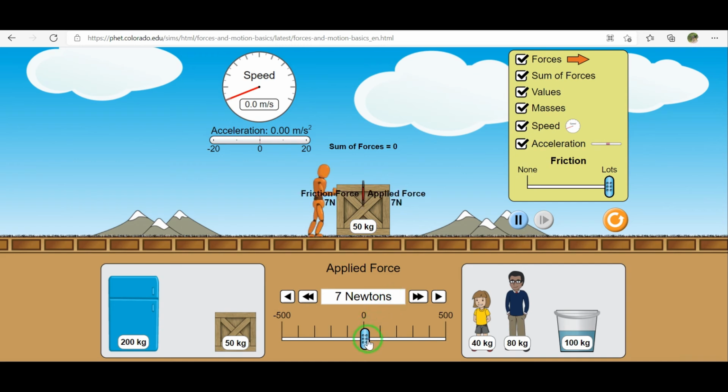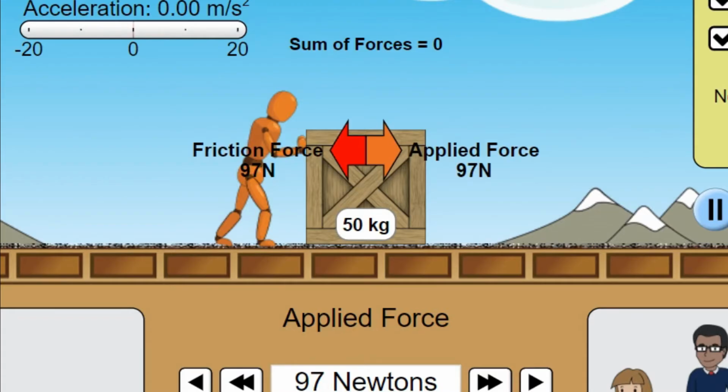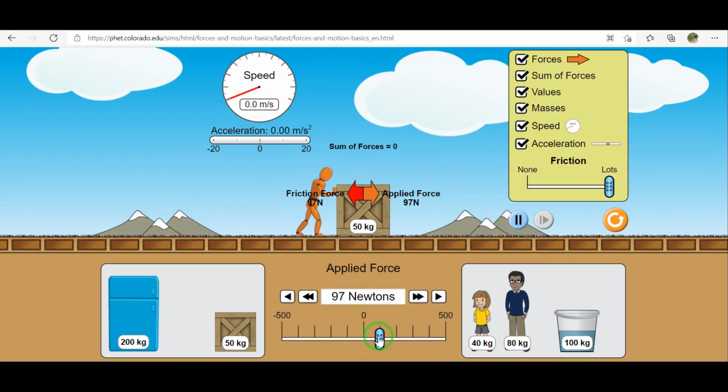Now I am going to increase, here you can increase the force, right? When you increase the force here, look at the friction force there. For 50 kg mass, when it is there on the floor, definitely there will be a force which is called friction force, which doesn't allow us to push it and to put it in motion, right?